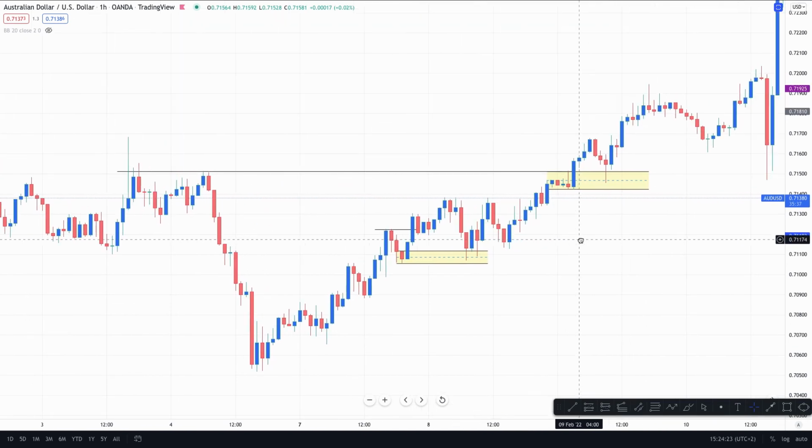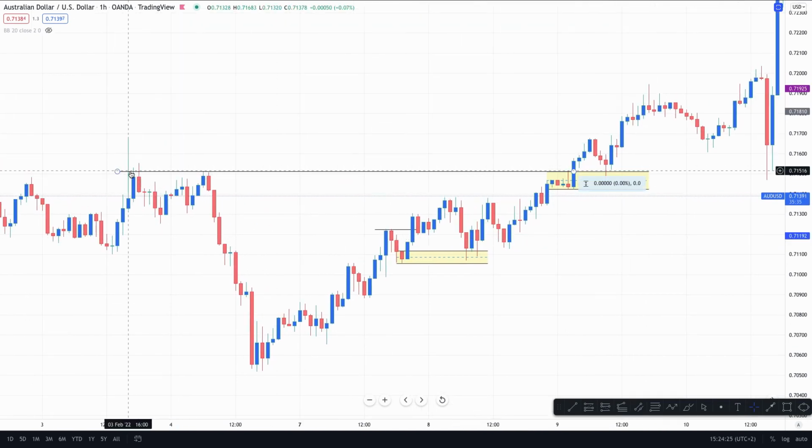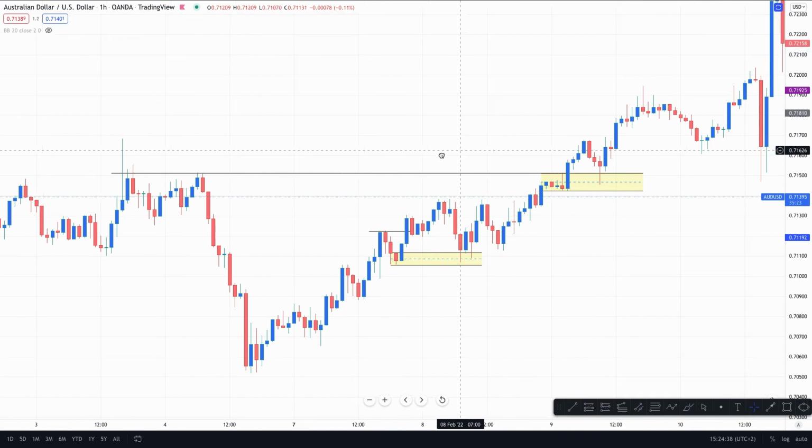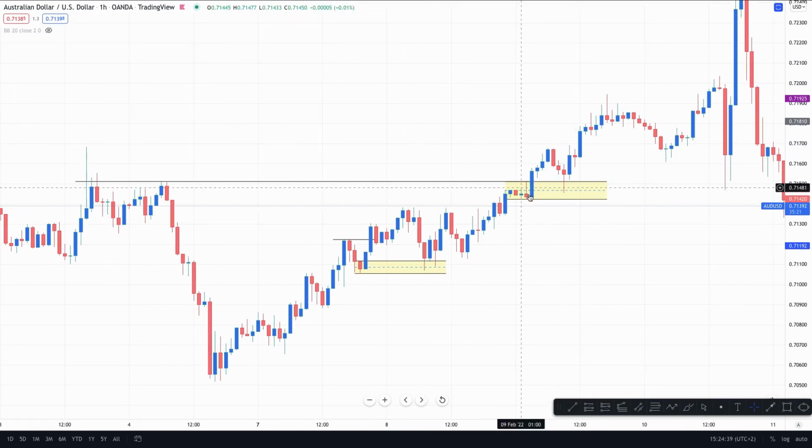One more, let's see. We have previous resistance here. We have one tap, two tap. We extend the line because we know this price is respected as a resistance line. We are waiting for it to break, right? What do we see? Price impulsively breaks.